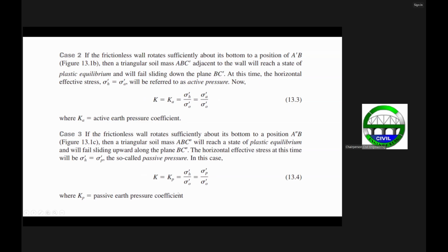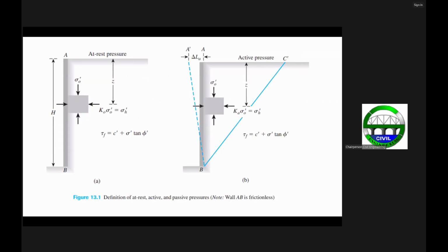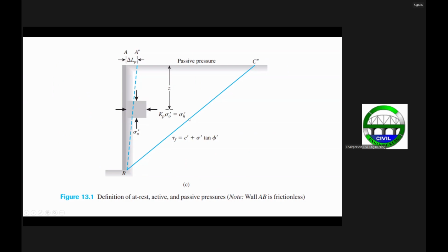So from the at-rest equation, you now have the passive earth pressure over the overburden stress, and this ratio is now equal to the passive earth pressure coefficient, K sub P. So for the active case, the active earth pressure is equal to the active earth pressure coefficient times the overburden stress, whereas for the passive case, the passive earth pressure is equal to the overburden stress multiplied by the passive earth pressure coefficient.